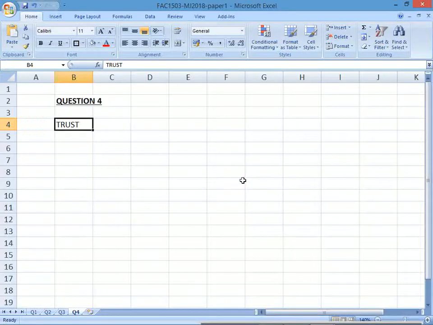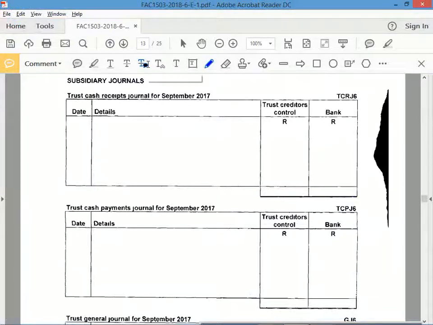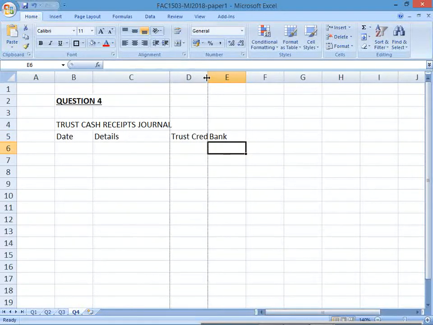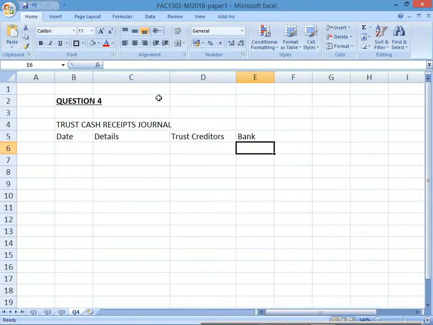Trust cash receipts journal. You've got date, details, trust creditors, bank, that's it. Details, trust creditors, bank, copy paste, and then we can start.